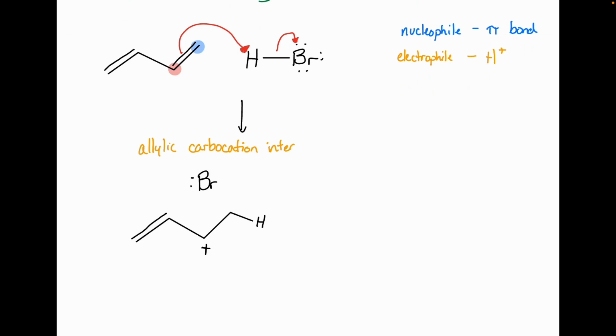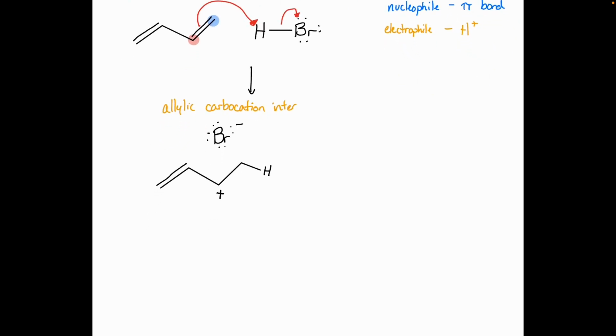I also have my bromide ion here. Now it has 4 pairs of electrons and a negative charge. Negatively charged stuff likes positively charged stuff, right? We can wrap our heads around this next step pretty simply.